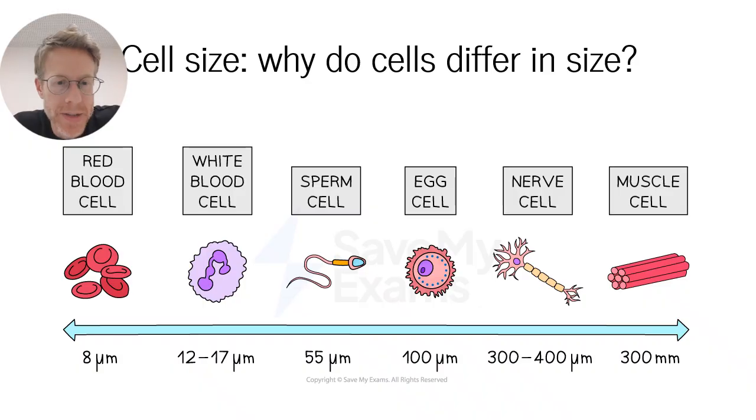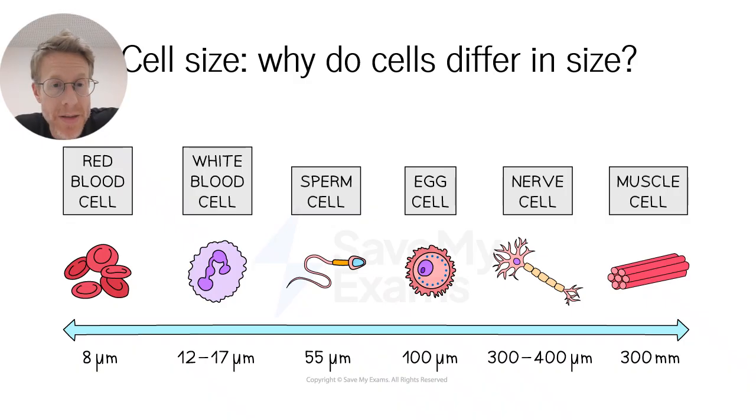Well, here's the answer. Red blood cells are some of the smallest cells. You can see them there, 8 micrometers. I guess that's the diameter. White blood cells, also quite small. Sperm cells, even though they're small, they're quite long because of their tails. Egg cells, I was saying, are quite big.